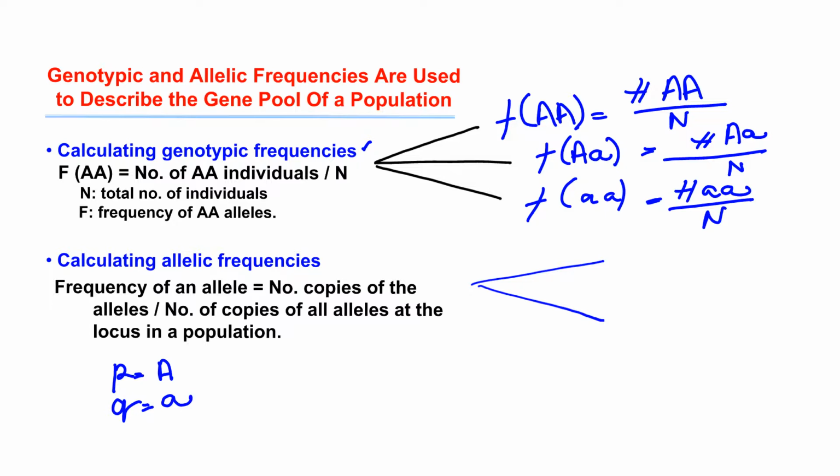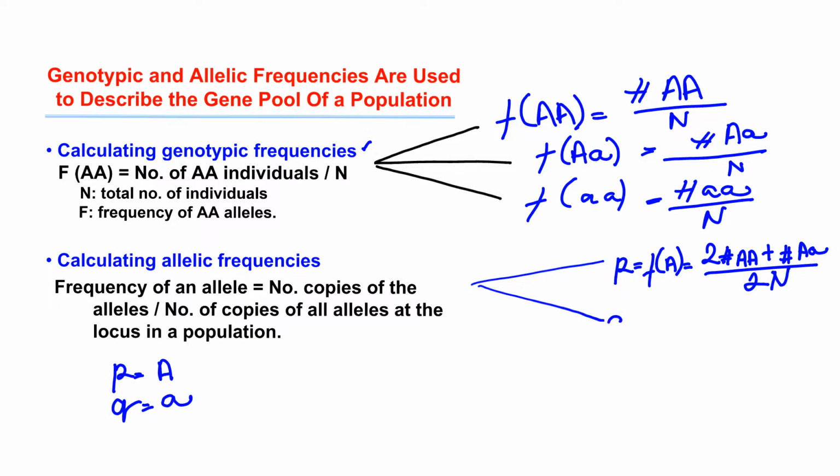If you want to calculate the frequency of the dominant allele, which equals the frequency of A, you take 2 times the number of homozygous dominant plus the number of heterozygous, and divide by 2 times the total number of genotypes. Remember, each genotype has 2 alleles.